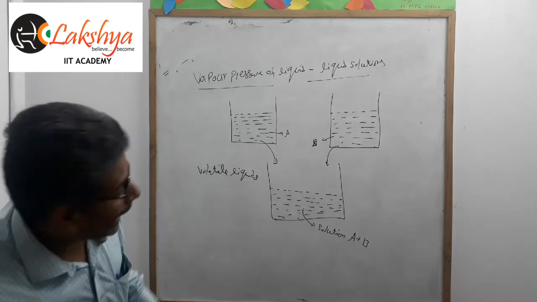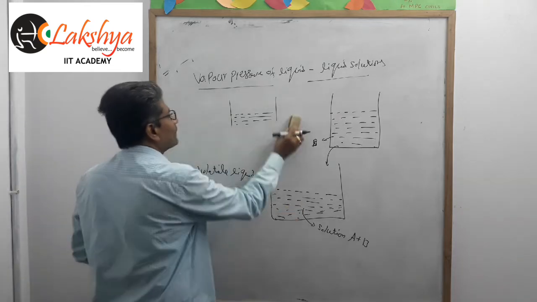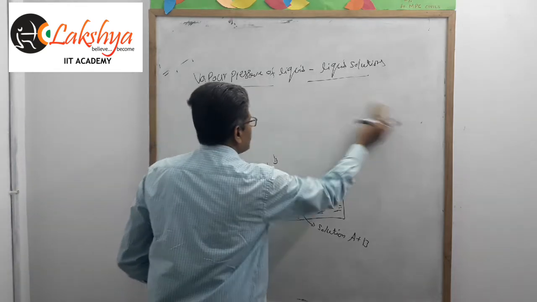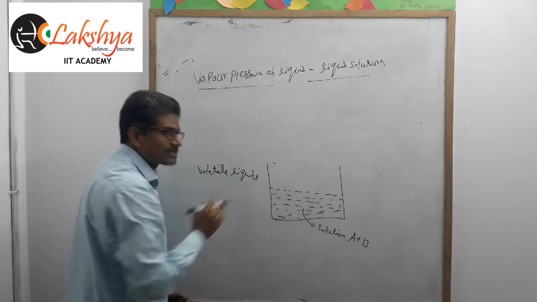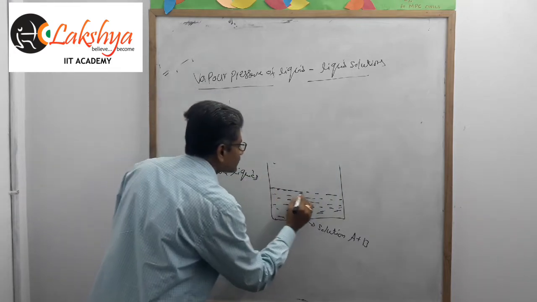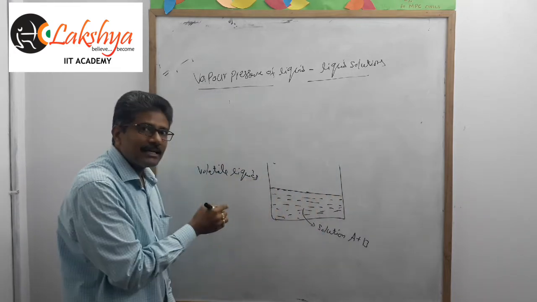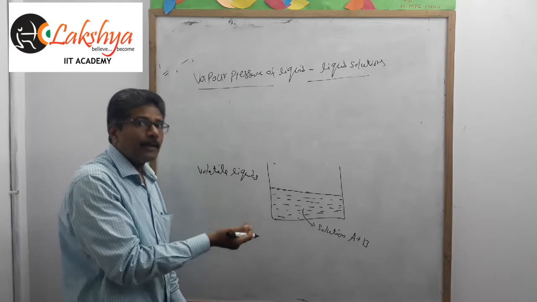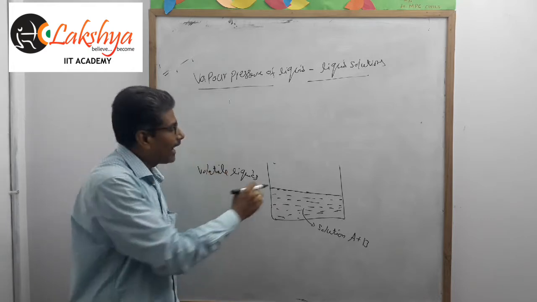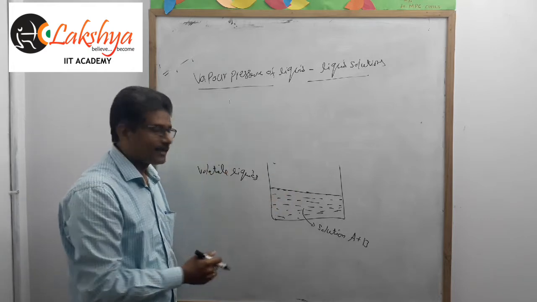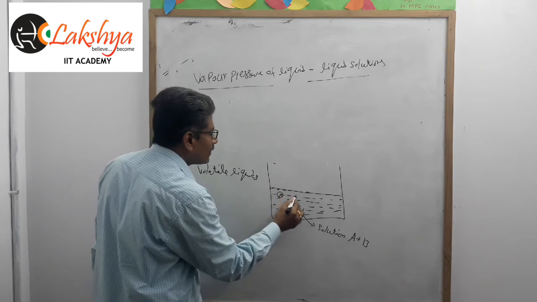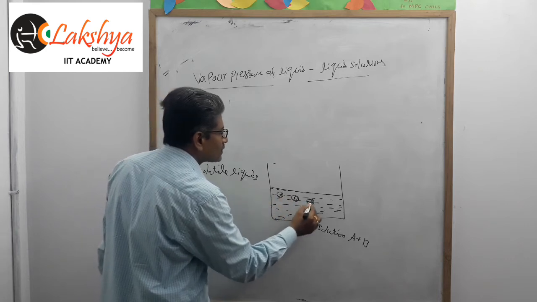Now I am taking this solution. This is our topic now. This is the surface of the solution. It contains both liquid A and liquid B molecules. In the entire solution, A molecules are there, B molecules are there.